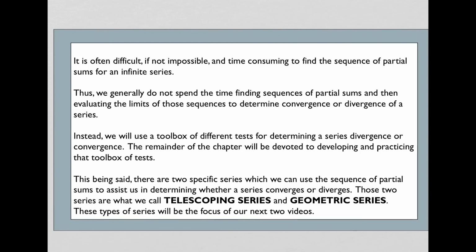In fact, the remainder of the chapter is going to be devoted to developing and practicing that toolbox of tests. This being said, there are two specific series for which we can use the sequence of partial sums to assist us in determining whether the series converges or diverges. Those two specific types of series are what we call telescoping series and geometric series. And in fact, these are the types of series that are going to be the focus of our next two videos.